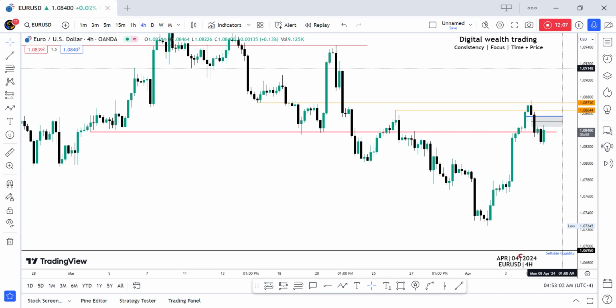Thursday price rallied higher into the weekly PDRA and showed a change in the state of price delivery after filling the weekly fair value gap, giving us a perfect ICT unicorn model on the 4 hourly contract, which is what we have here.